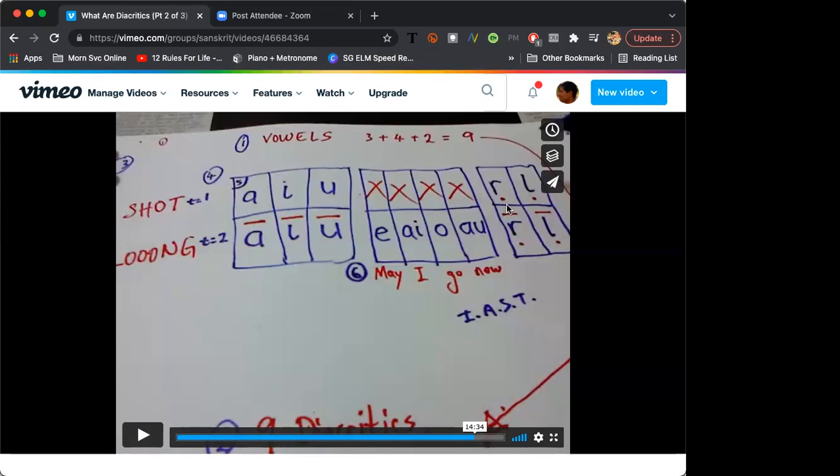But I'll tell you something. Out of these 4 alphabets here, can you see my cursor? Out of these 4, you only need to worry about this one, like Krishna or Narasimha, because this is very, very, very common in Sanskrit. This one in the whole Bhagavad Gita, I think it appears only 1 time or 2 times. This one in the whole Bhagavad Gita appears only 1 time or 2 times.